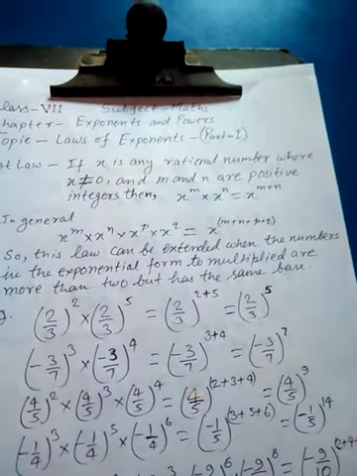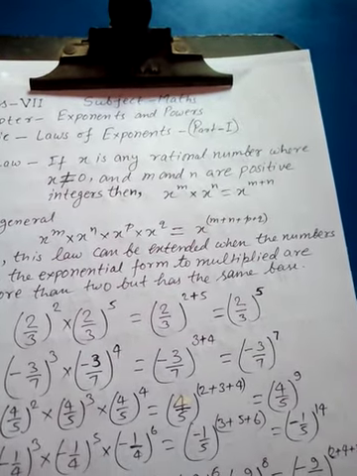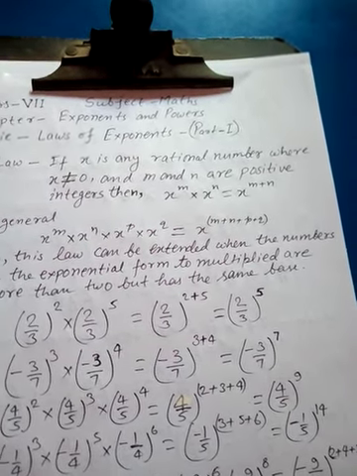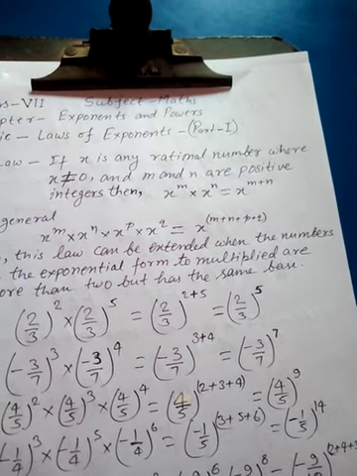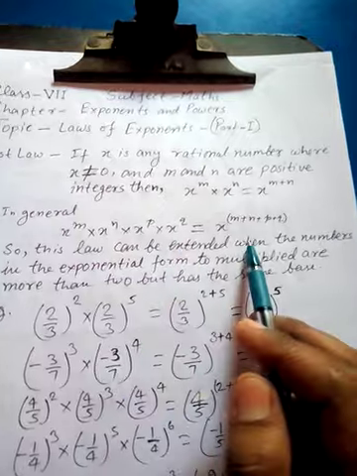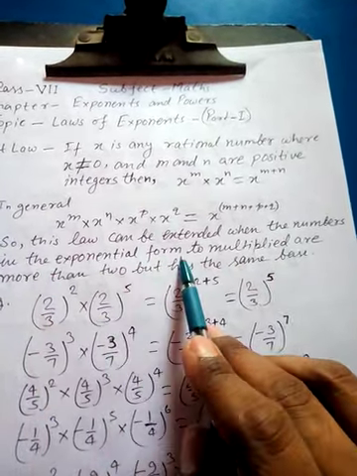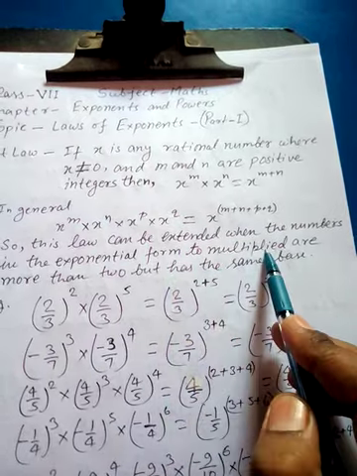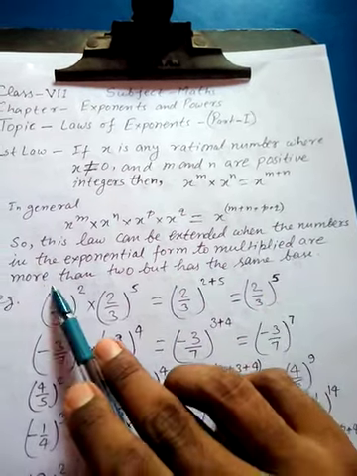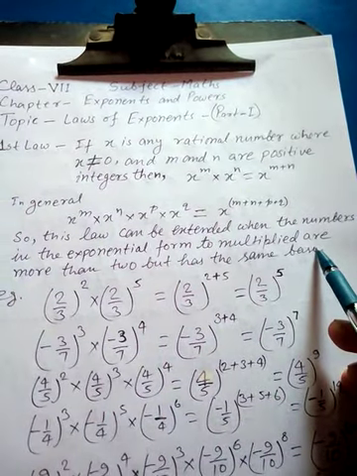It means the powers will be added when numbers in exponential form having the same base are multiplied. So this law can be extended when the numbers to be multiplied are more than 2 but have the same base.